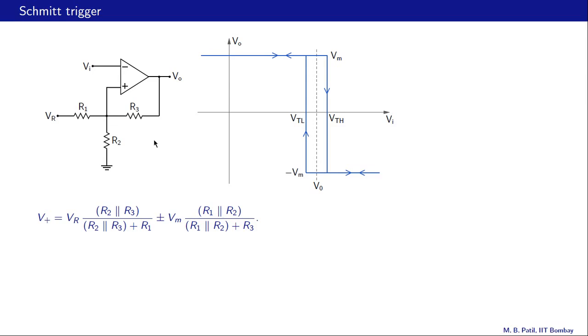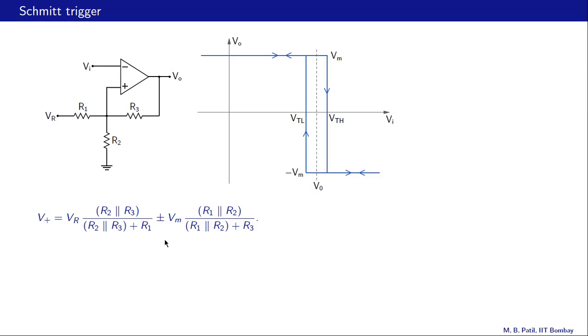Next, we consider this voltage, that is Vm, and take VR as 0. Now what happens is R1 and R2 come in parallel, and V plus, once again using voltage division, is given by Vm, the potential here, times R1 parallel R2 divided by R3 plus R1 parallel R2, and that is the second term over here with the plus sign.